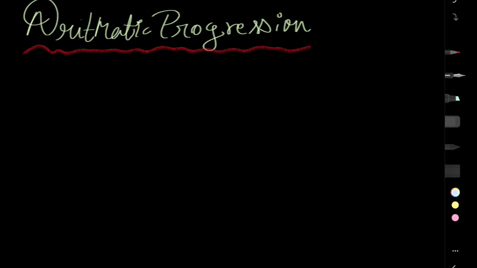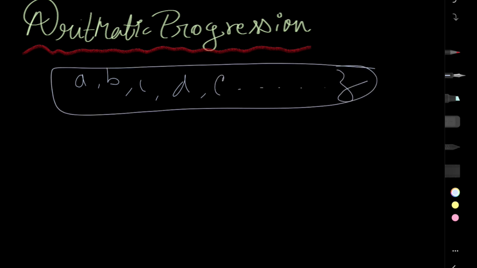portion of boards, right? Now here in arithmetic progression, what is progression? First of all, progression is a series. For example, if I write a comma b comma c comma d comma e comma and so on up to z, this is a series or this is a progression because it is in some sequence, so it is in progression.